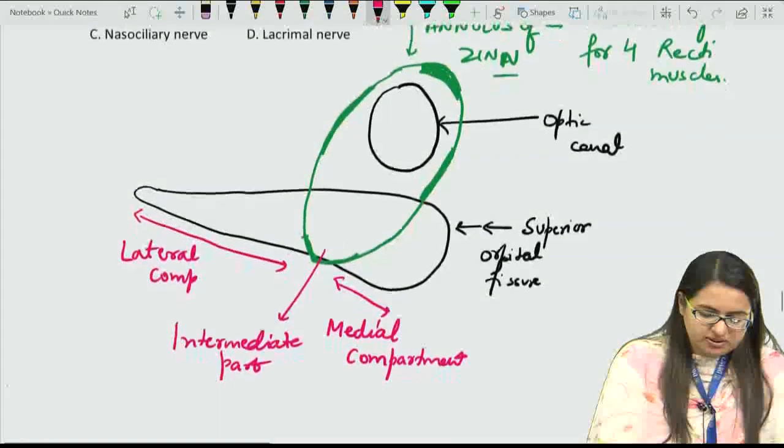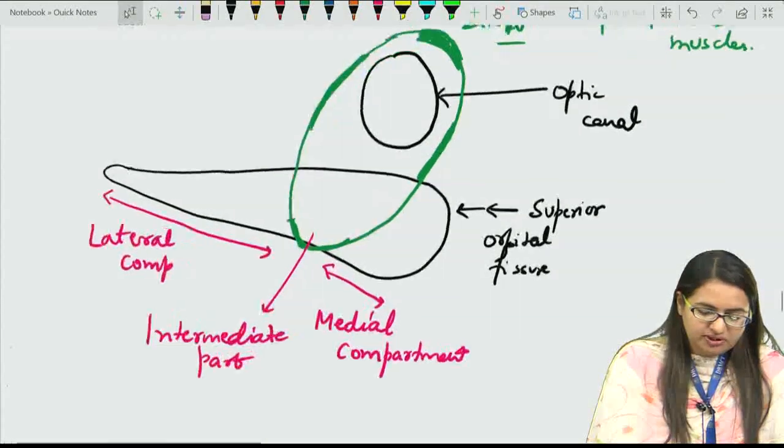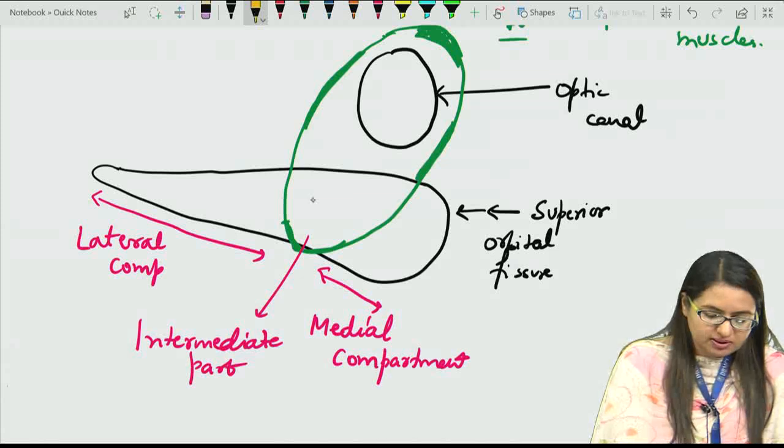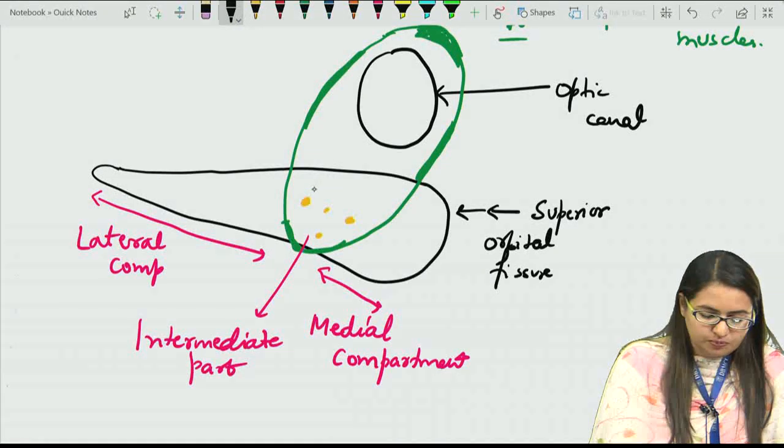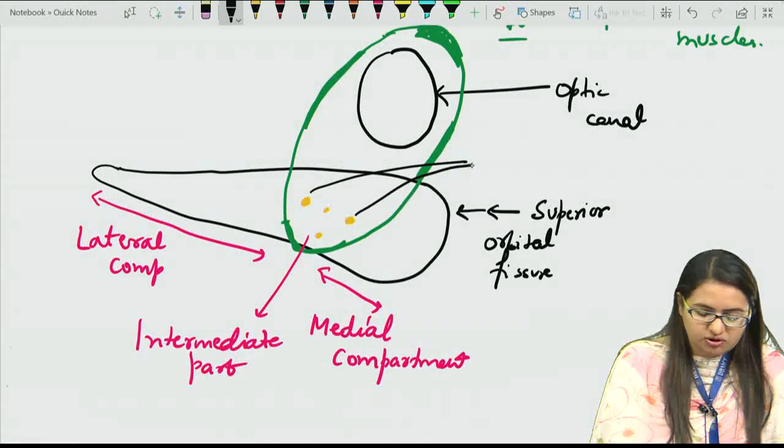Now the structures passing through the intermediate part: we have the 2 divisions of the oculomotor nerve, the upper and the lower division of the 3rd cranial nerve.